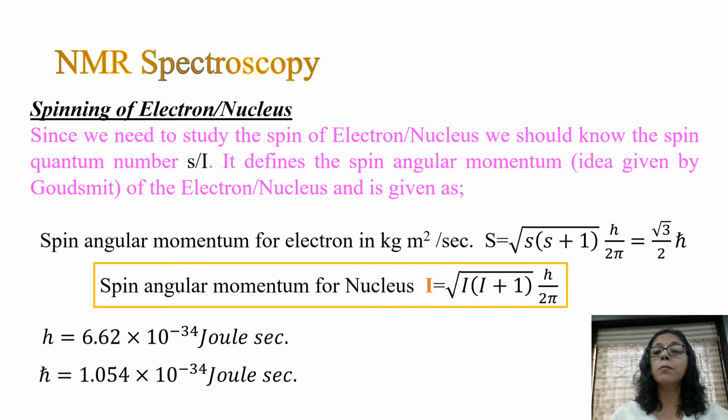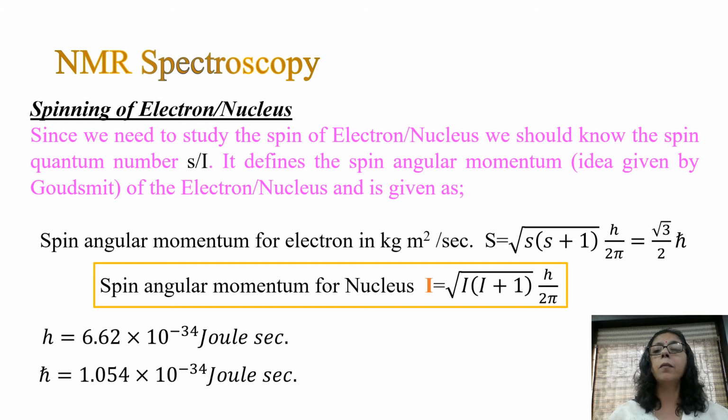And I have written small s and capital I. Small s corresponding to the spin quantum number of the electron and capital I corresponding to the spin quantum number of the nucleus. And what does this spin quantum number do as far as the electron and nucleus is concerned? It simply defines the spin angular momentum of the electron and nucleus. And this idea was given by Goudsmit.